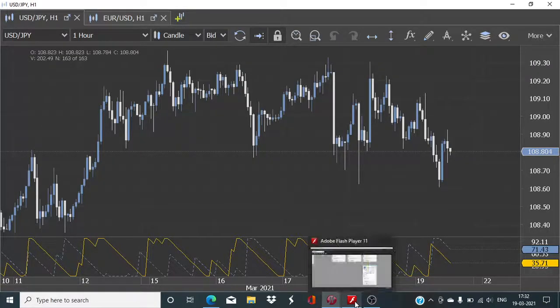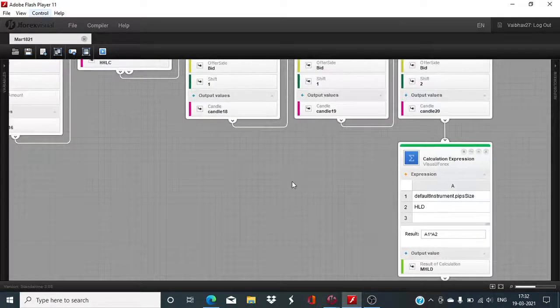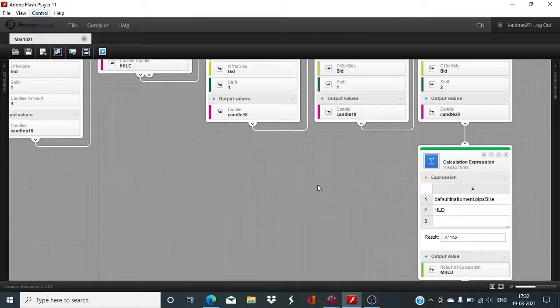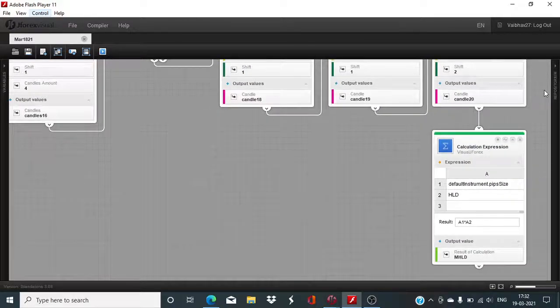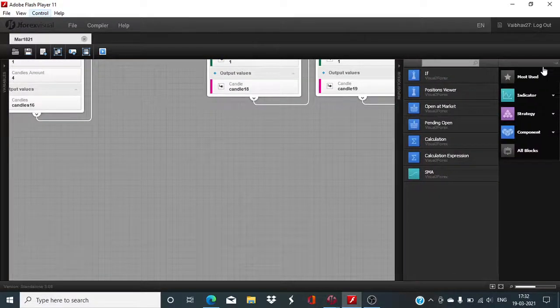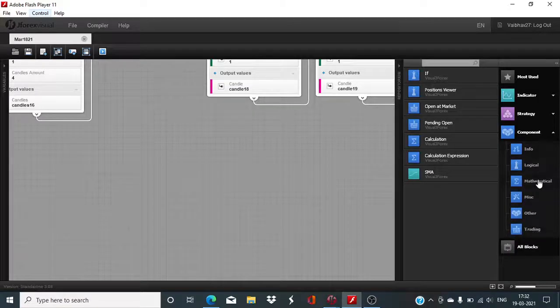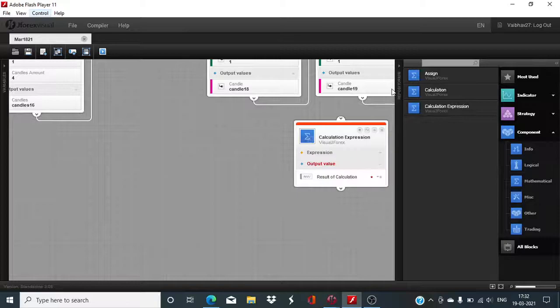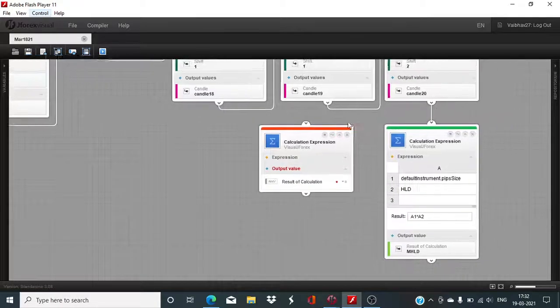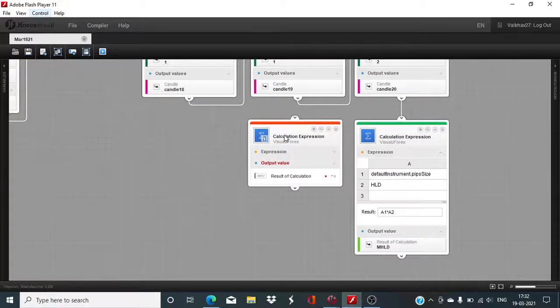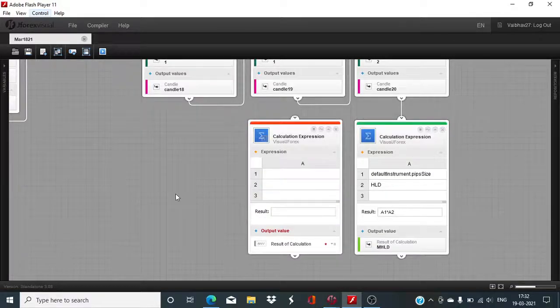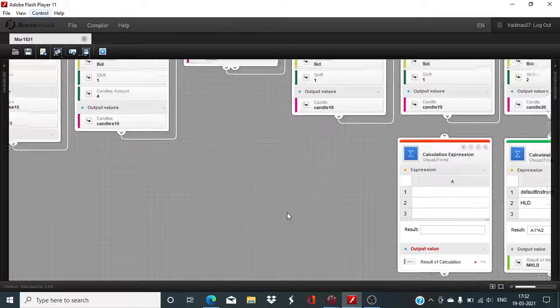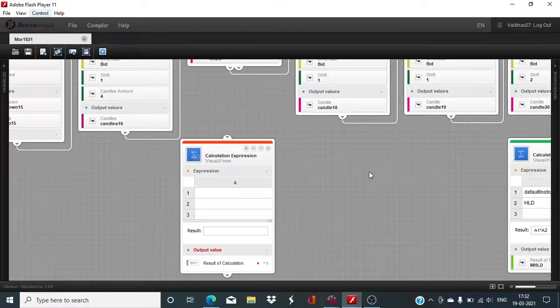So we go back to the Visual JForex board. To design that condition, we will have to take a couple of mathematical blocks of calculation expression. Here it comes. And this time around, we will have to look at the actual high and the low price difference.